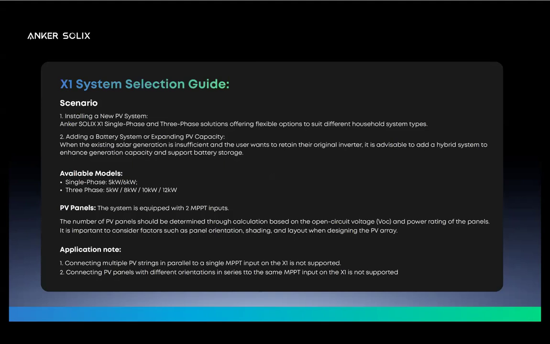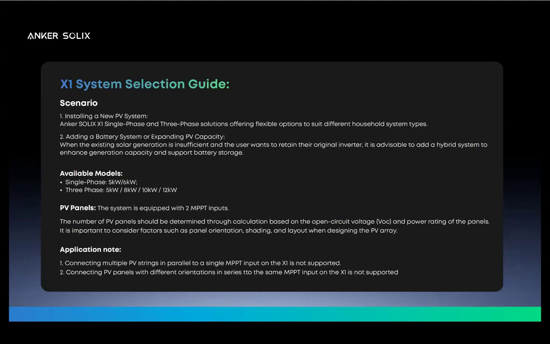At this moment, we can support up to 200% PV maximum, but you need to consider the PV panels' open circuit voltage and the rated power of the panels, and also the temperature coefficient. By calculation, we will support 150% to 200%. So at this moment, you need to pay attention to the application notes.